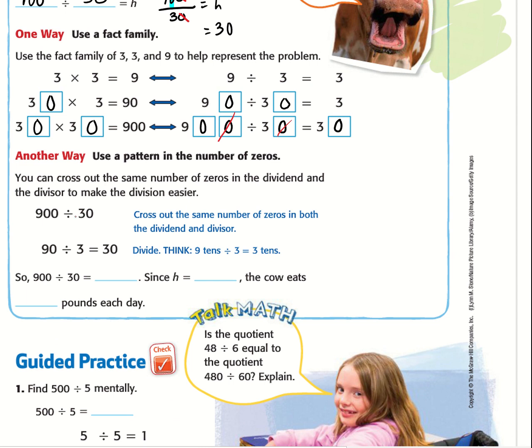The dividend 900 and divisor 30 both end in zeros, so I can cross out one from each side. That changes it to 90 divided by 3 equals 30. So 900 divided by 30 is still 30. Since h equals 30, the cow eats 30 pounds each day.